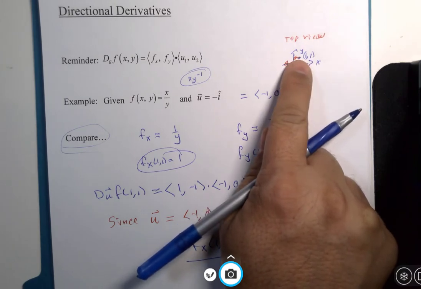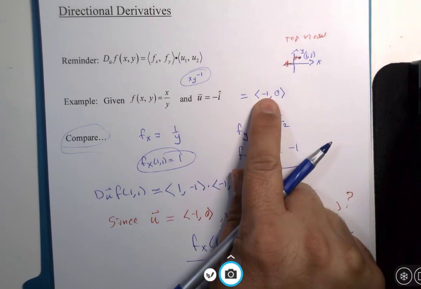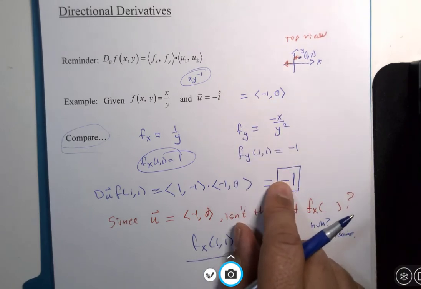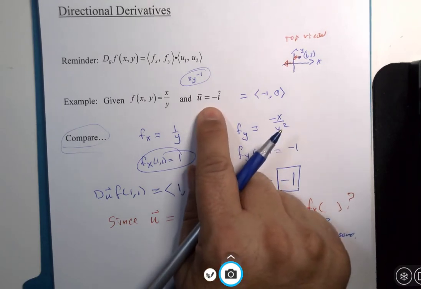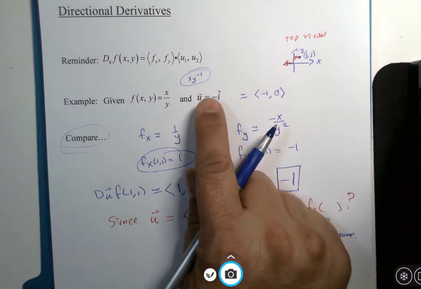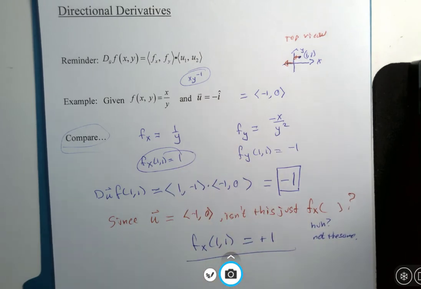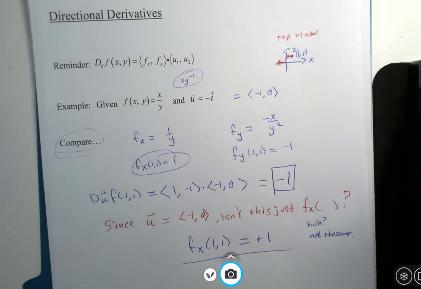And I'll tell you, if we do change this vector to be positive 1, 0, this would have been a positive 1. Literally choosing to go the opposite direction means you're going uphill or you're going downhill. If you're going down the hill and you turn around, then you're going up the hill again. Directions just weren't part of our slope calculation when we were in algebra back in the day. All right. Okay.